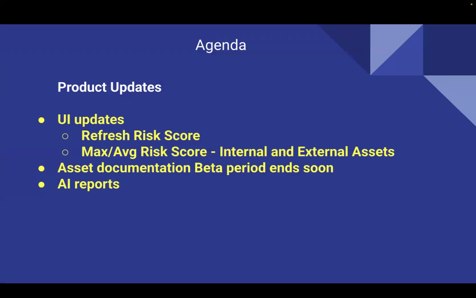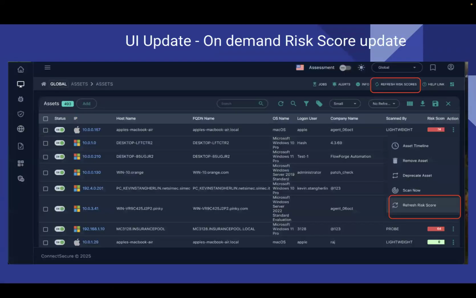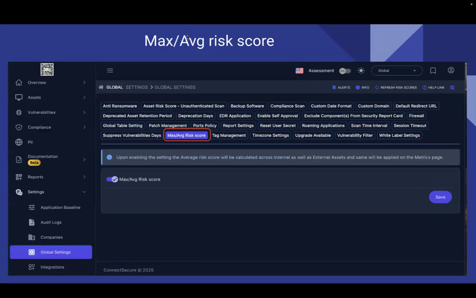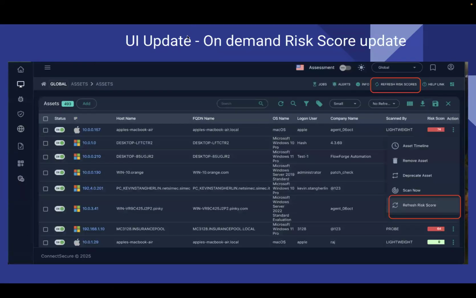Good morning, everyone. Thank you for joining the partner call. Next slide. So we have a couple of updates on the UI side. The first one is the refresh risk scores. The risk scores and the vulnerability counts have a backend sync, which updates the scores twice in a day.